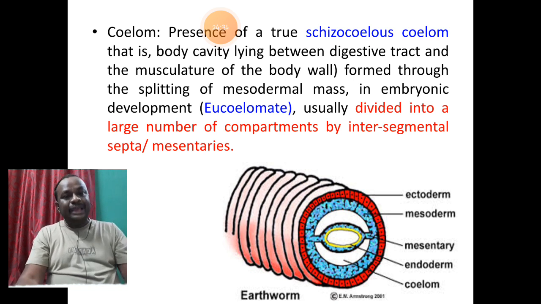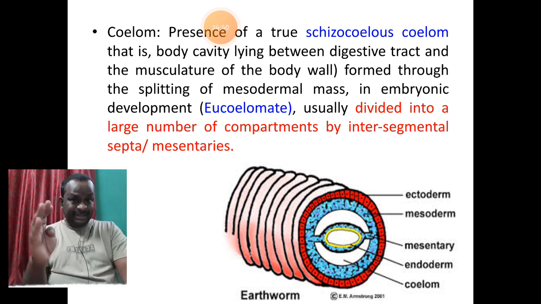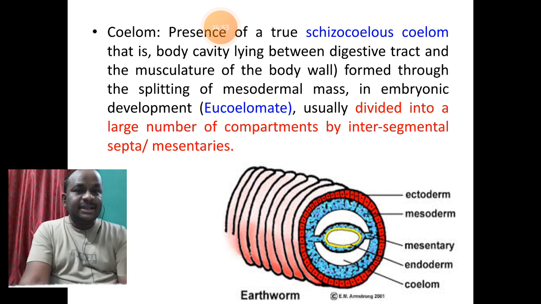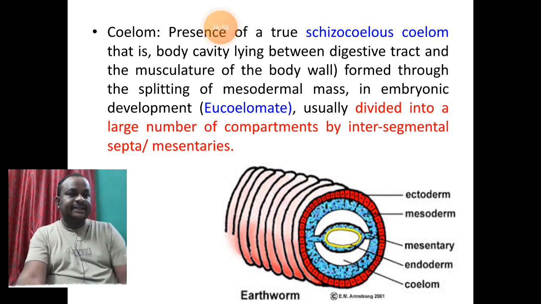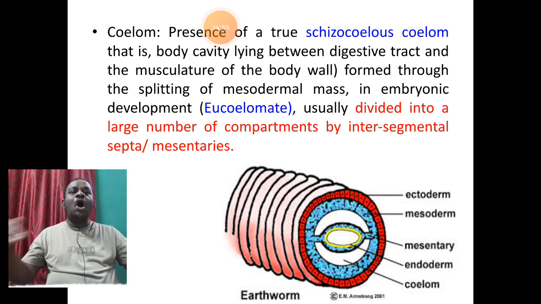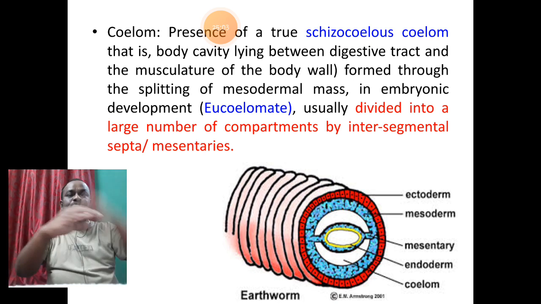Now, the coelom of annelids is also very specialized because it is divided into a large number of compartments by means of intersegmental septa or mesenteries. Down in the picture when we look at it, there is a labeling called mesentery. Mesentery refers to a partition or septa that divides the coelom into two spaces.